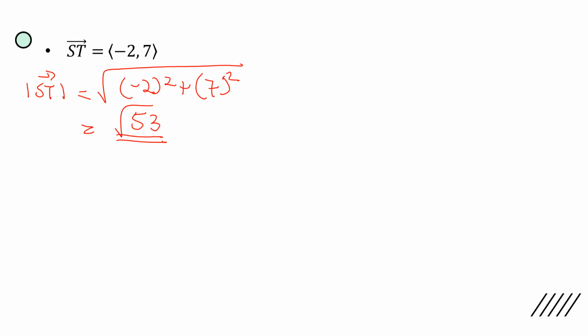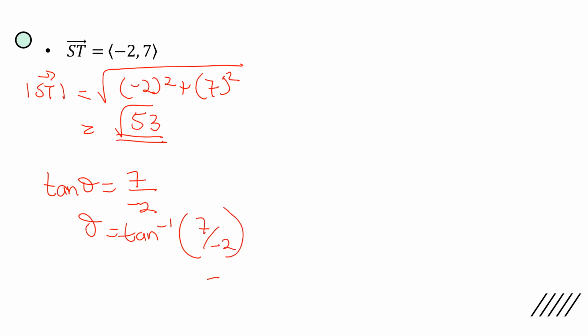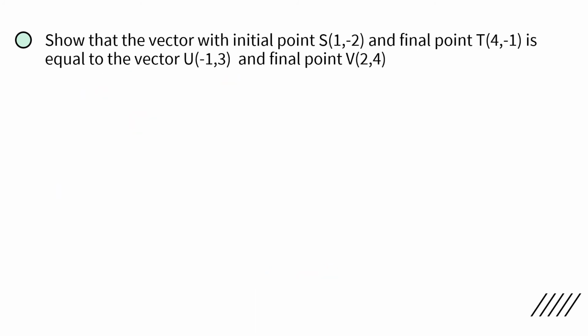That's our magnitude, and the direction is going to be tan theta equals 7 over negative 2. Theta is equal to tan inverse of 7 over negative 2, which gives us negative 74.05.